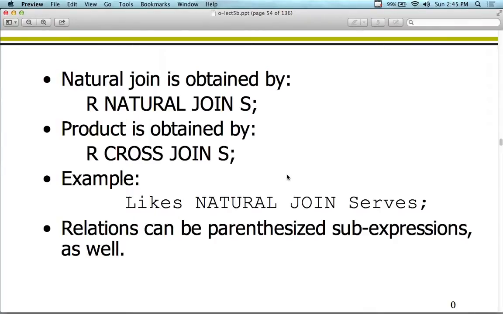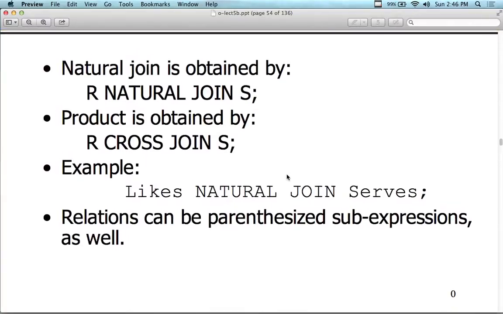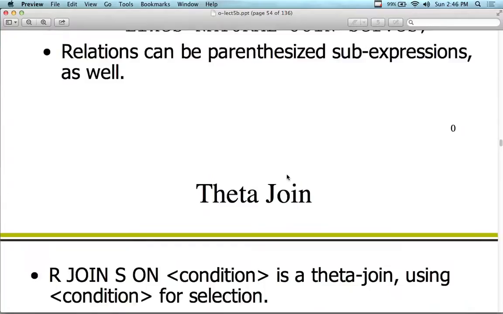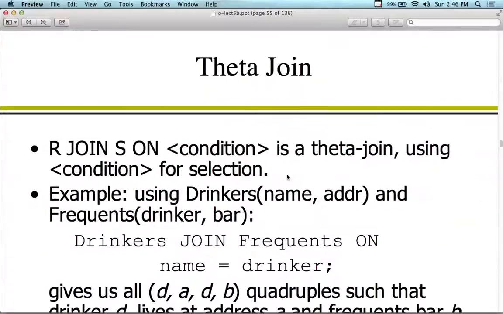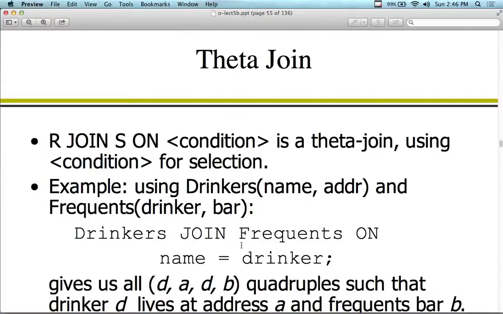An example, likes natural join serves. So the relation can be represented in a parenthesized sub-expression as well. So let's take a look. Likes natural join serves. Our theta join, where we have drinkers join frequents on name is equal to drinker.